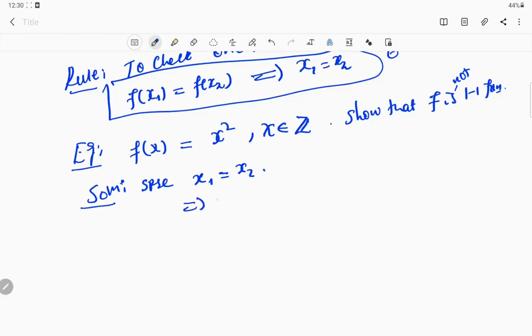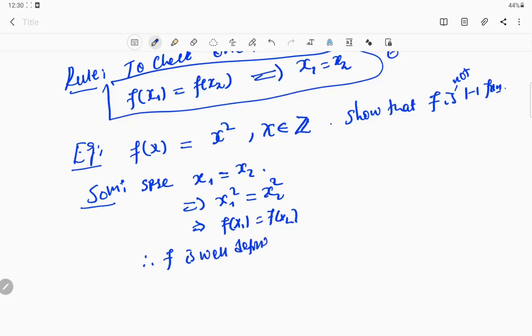Which implies that x1 squared equals x2 squared. So this implies that f(x1) equals f(x2). Therefore, we say f is well defined, or it's a function.